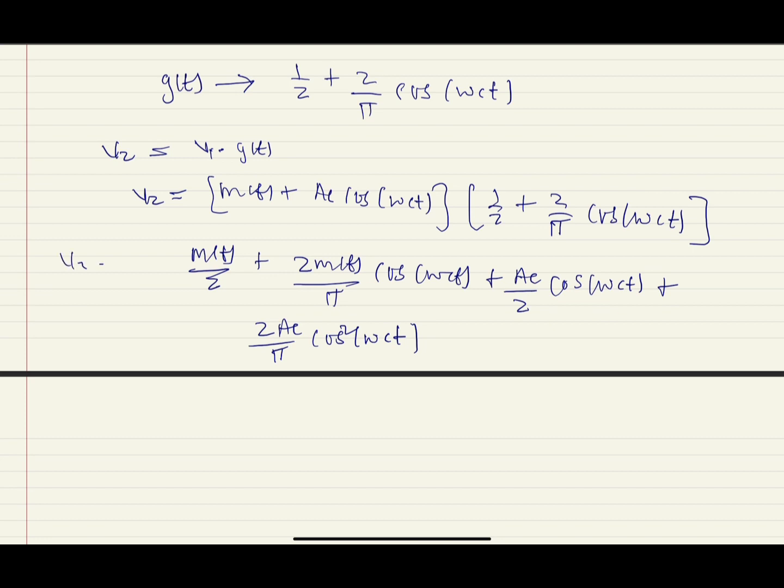This is our output equation after the diode has converted it into a train of pulses by multiplying the input by the train of pulses.